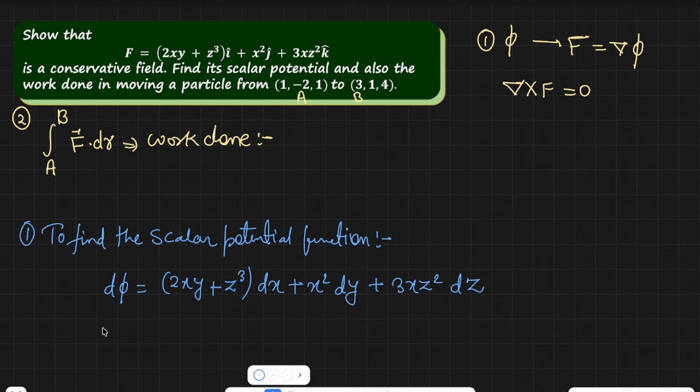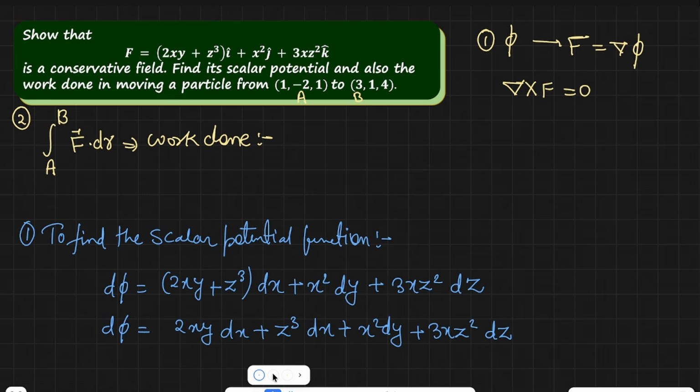Okay, now you simplify. This is d phi, this is 2xy dx plus z cube dx plus x square dy plus 3xz square dz.